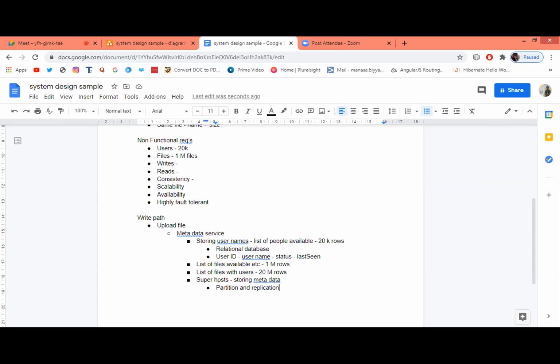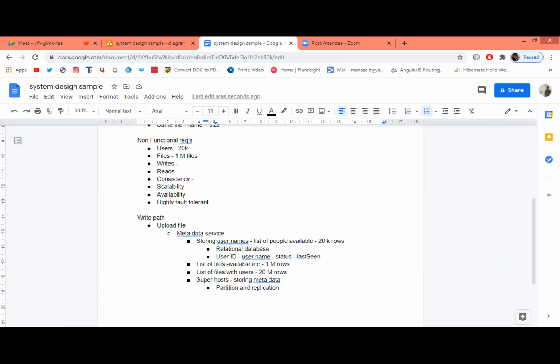We can ask him whether he wants to be a superhost or not. So let's say he wants to be a superhost and he wants to share some data. Initially, the metadata service will try to... So how does it communicate to its peers?